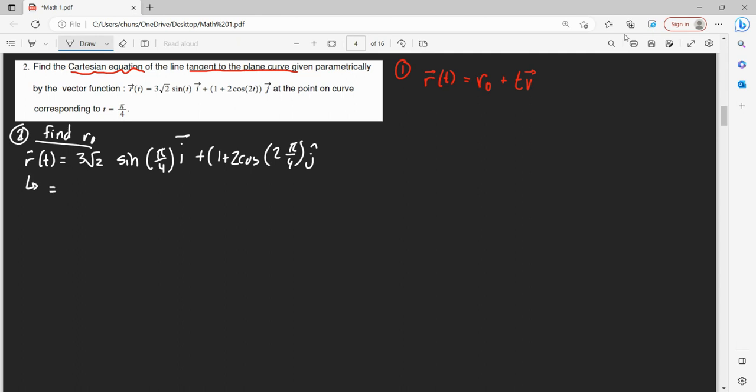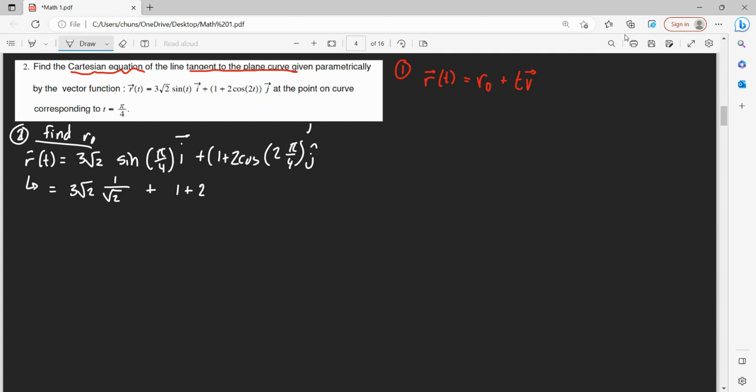All right, let's simplify a couple things out. So we know that this is 1 over square root 2. And then that's plus 1 plus 2.